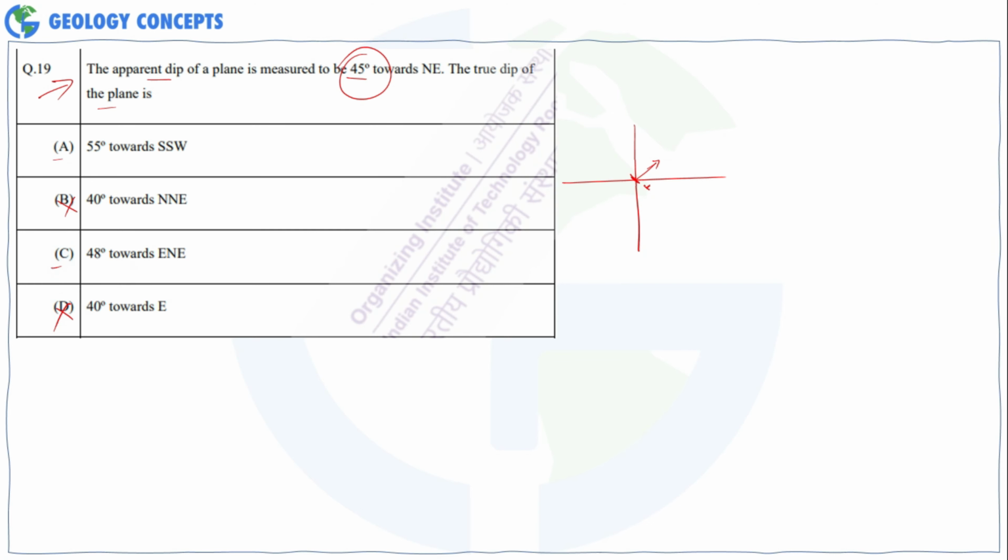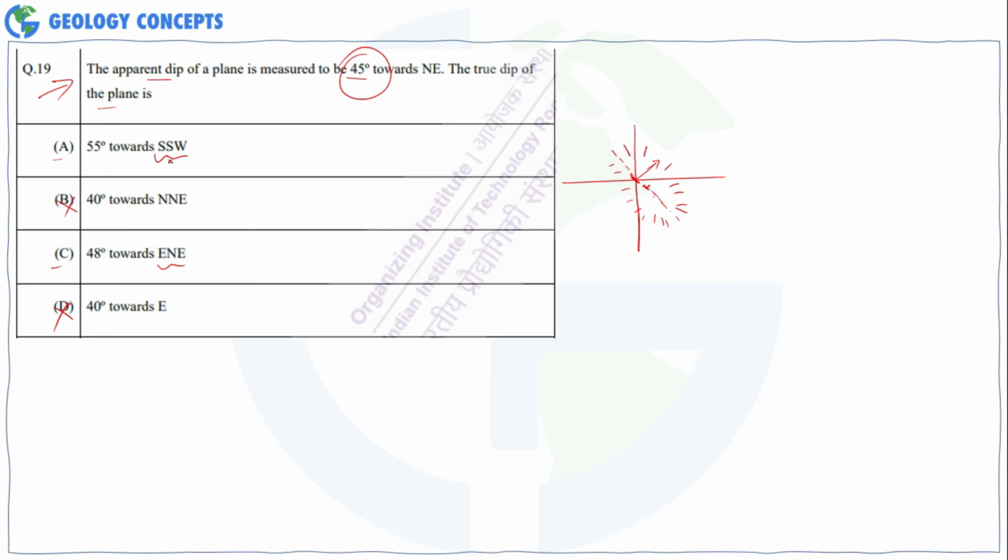Without having the strike direction, I cannot actually calculate the amount of dip, but using the sense or direction of dip, I can certainly say which direction the possible true dip can be. So if I say this is my bed, in all of these possible directions my true dip can be, but in any of these directions true dip is not possible.